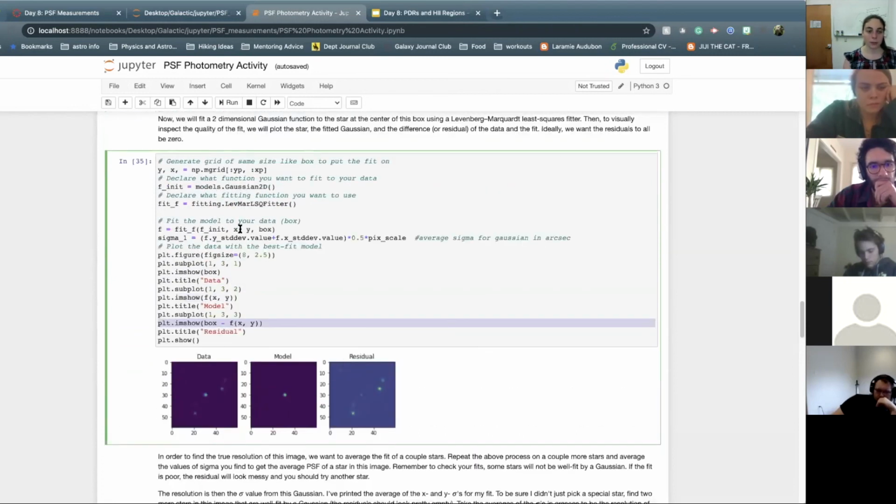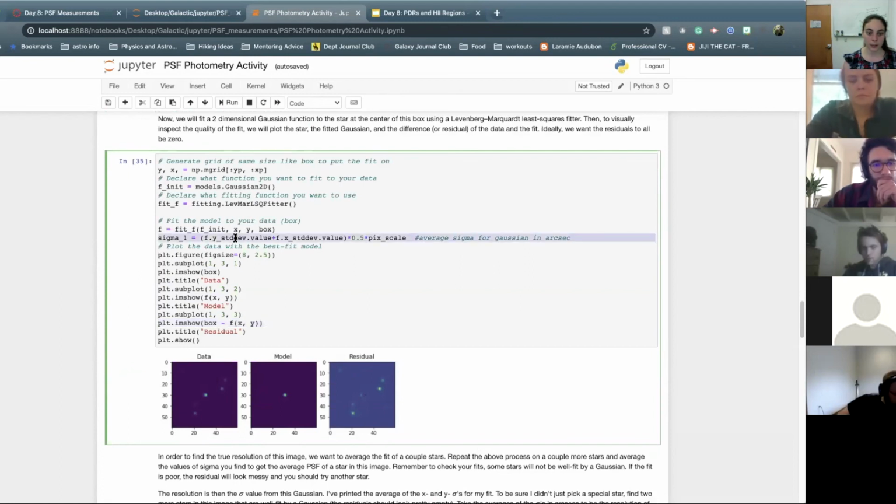The thing that we want to know from all of this is what the width of that Gaussian is. It gets stored as the standard deviation, and the standard deviation of a Gaussian is sigma. So this is just to take the average of the X and Y sigma.